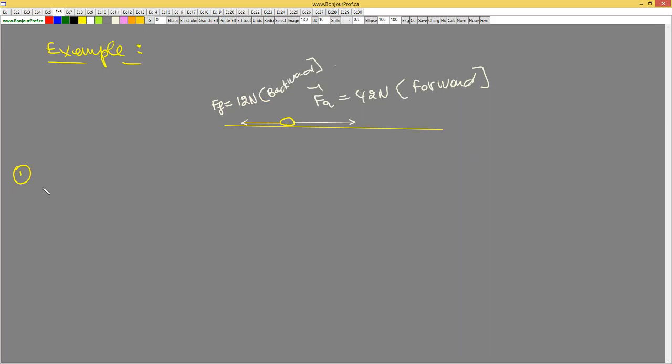So first thing, free body diagram. We have to put the free body diagram. First, free body diagram.